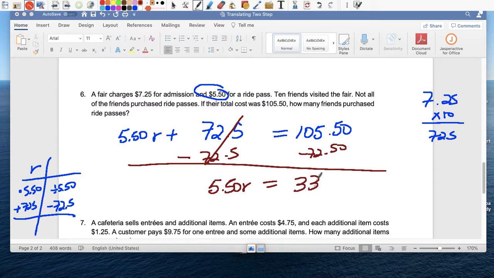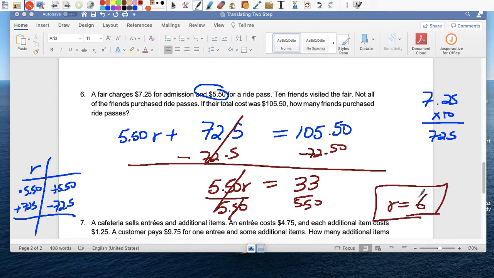So $33 was used on rides. So how many people got rides? Well, let's divide this by 5.50. R equals 6. So not everybody got the rides, only 6 people.